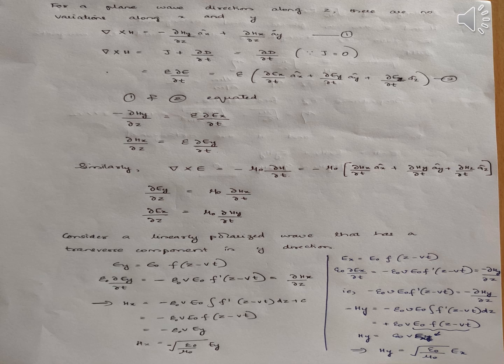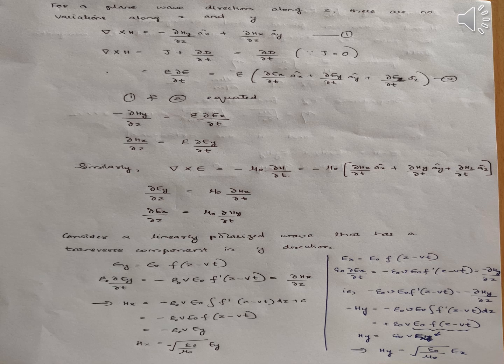This E0 f of z minus Vt is equal to Ex. That is what we have assumed at the beginning. So Hy is equal to epsilon naught V, which is the velocity of propagation, into Ex.